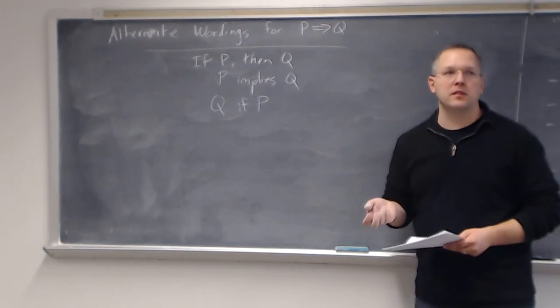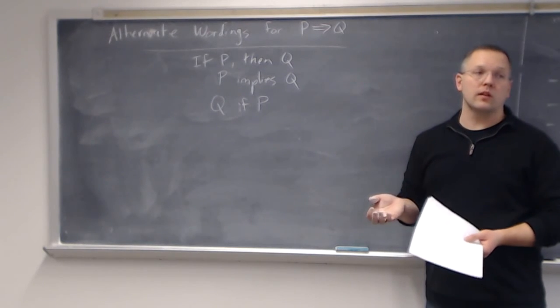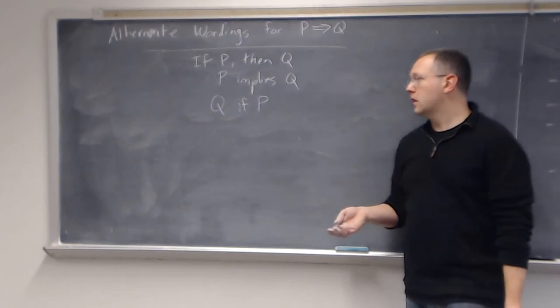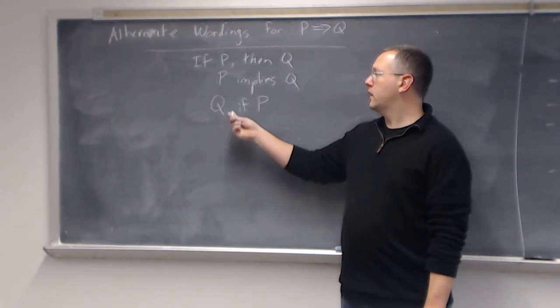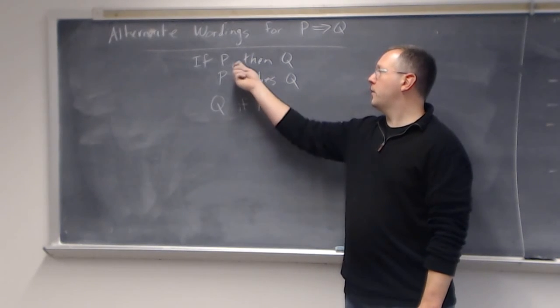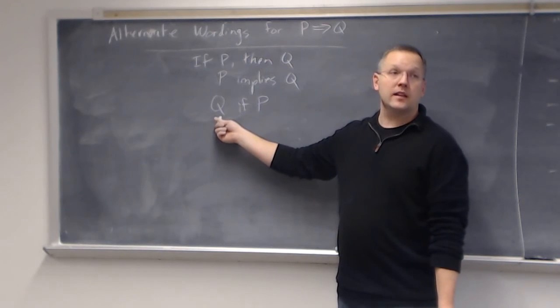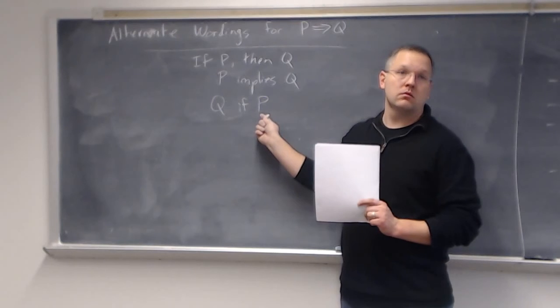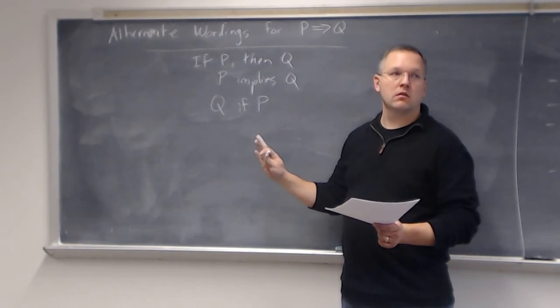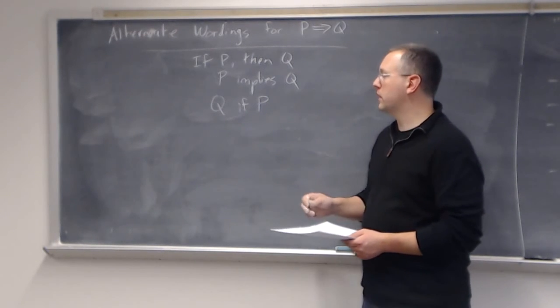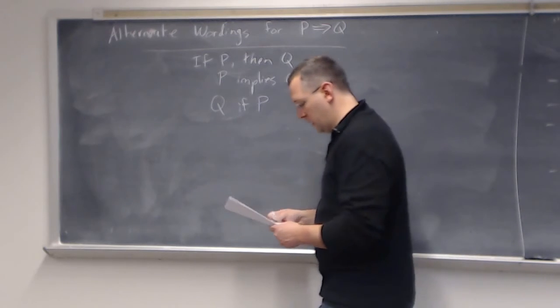It might help to substitute real sentences. If I said, if I'm elected, then I'll lower taxes, then this one would be, I will lower taxes if I'm elected. See how those mean the same thing? It should make sense in English.